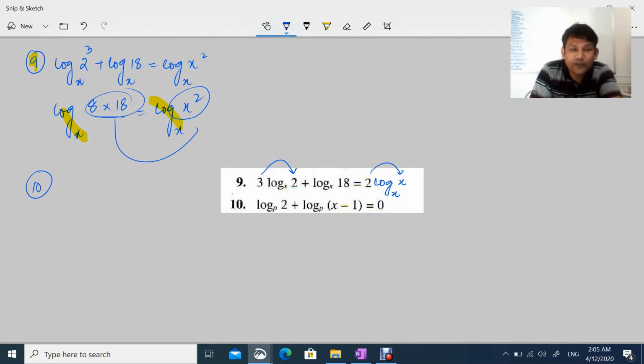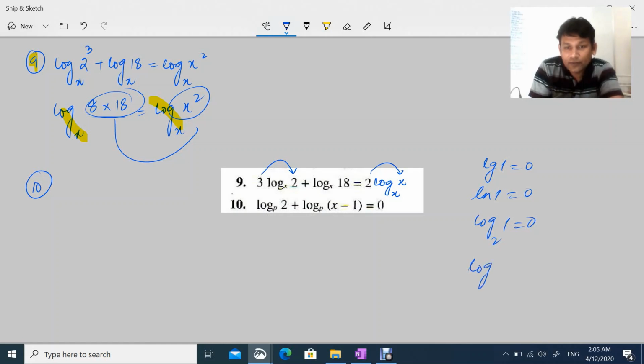I want to save my time because the next questions, when the bases are not the same, are the most difficult questions I think in logarithms. Log p 2 log p x minus 1, when you want to write 0, remember what I have discussed with you, lg 1 is 0, ln 1 is 0 and log 2 1 is also 0. So what we need, p, so we write log p with 1 is also equals to 0.